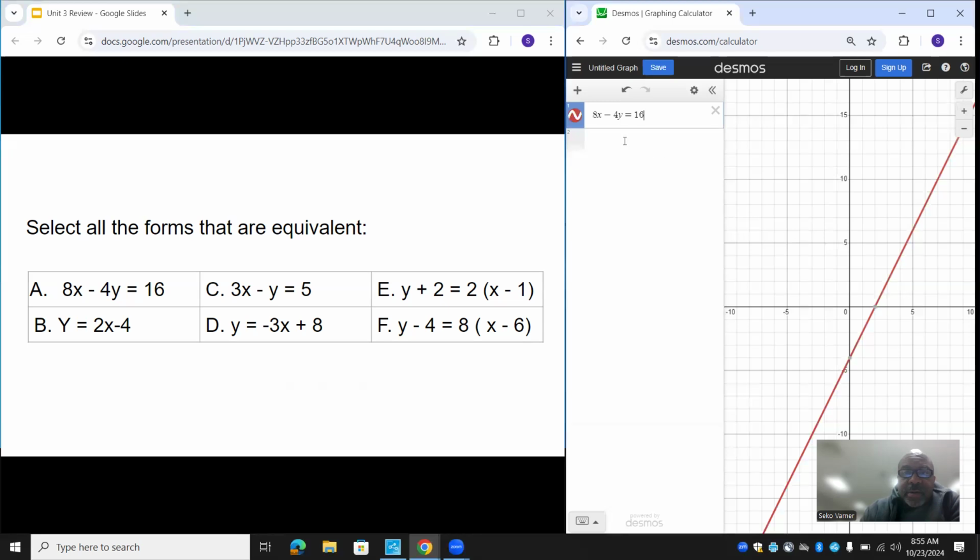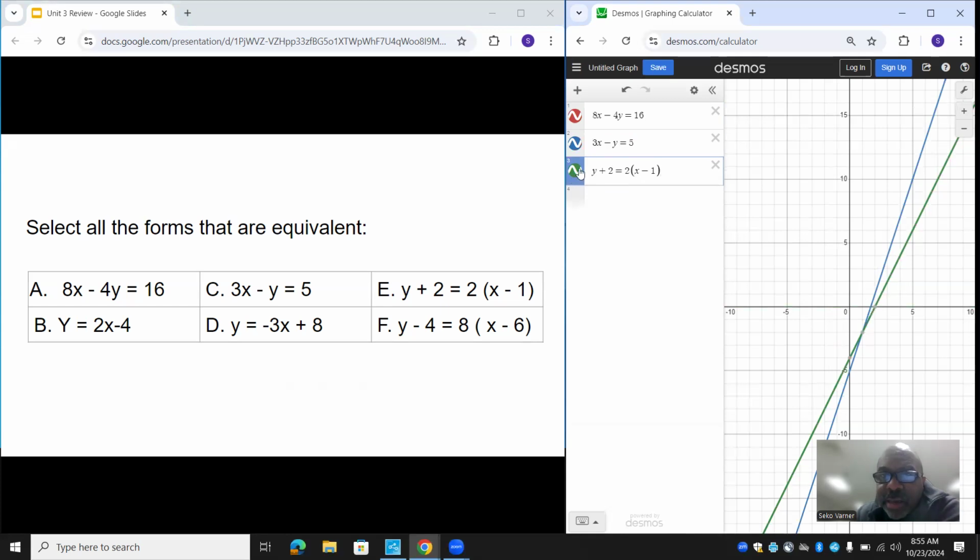That's red. All right. Let me type in 3x minus y equals 5. So those two aren't equal, but I'm just going to keep typing. This one is y plus 2 equals 2, open parentheses, x minus 1, close parentheses.